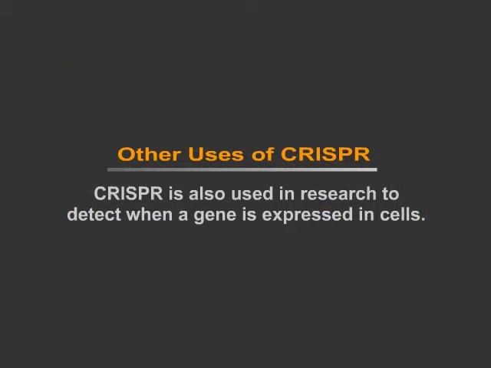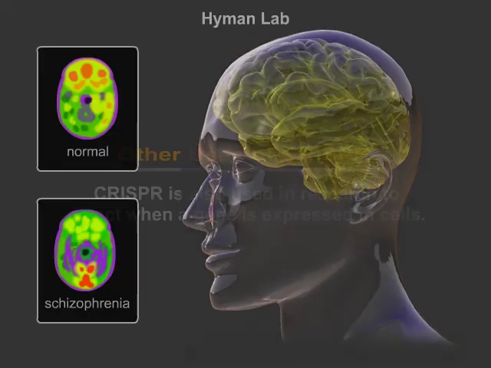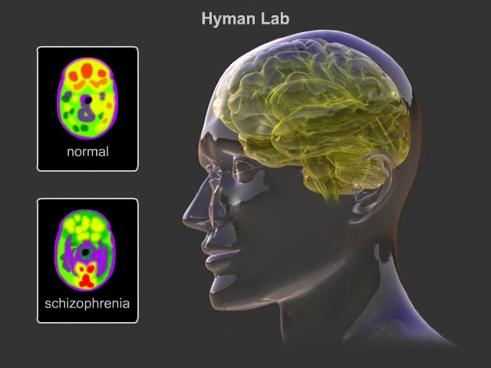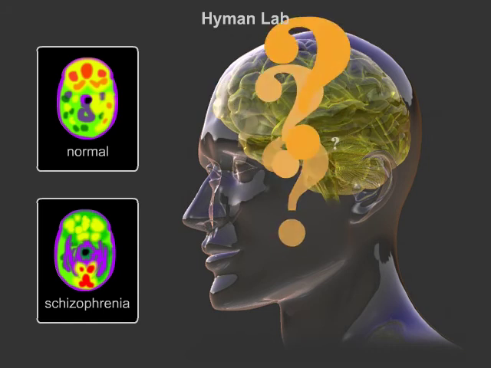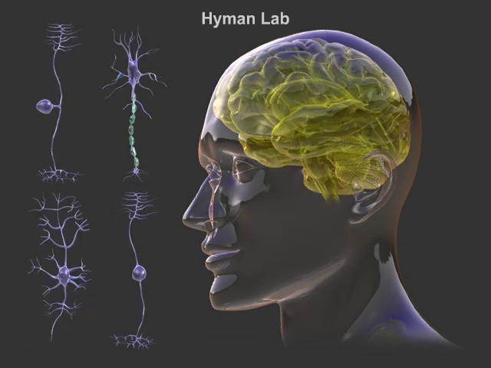Another way CRISPR is used in research is to detect when a gene is expressed in cells. In the Hyman lab, we are trying to learn more about psychiatric disorders such as schizophrenia. Despite its prevalence, the etiology of schizophrenia is poorly understood, partly because of our inability to readily study neurons.